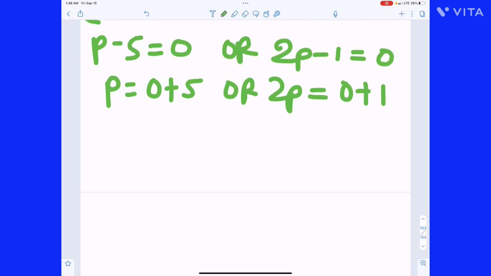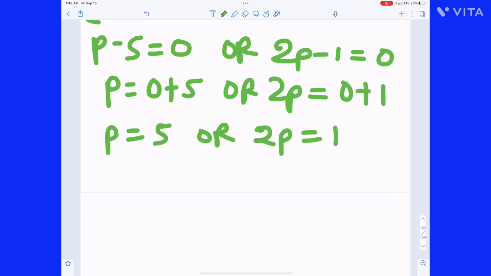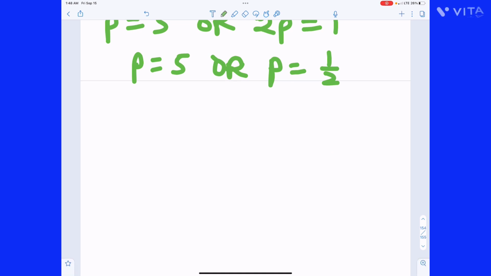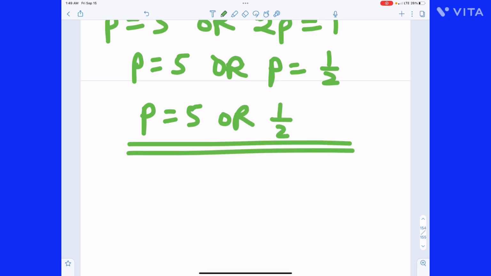So p is equal to 5 or 2p is equal to 1. So p is equal to 5 or p is equal to 1 over 2.